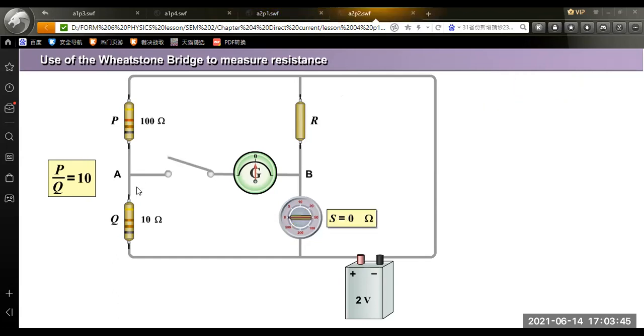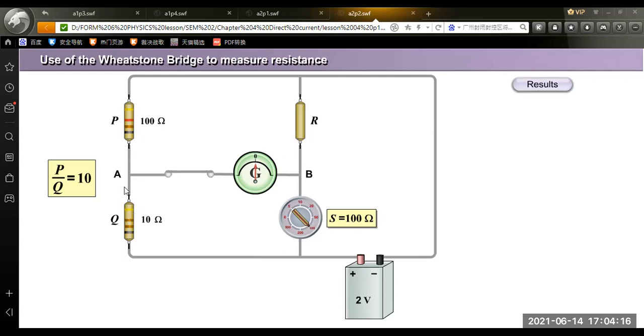Students, let's observe the diagram again. Now 100 over 10. If P over Q is equal to 10, that means we adjust until I get the reading of 0. The resistance shown is 100, right? That means P over Q is equal to 10.